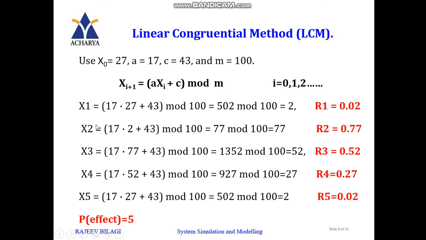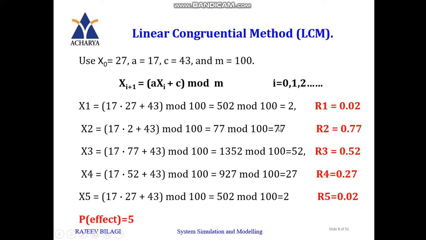Now x2 equals a x1 plus c mod m, substituting i equals 1. So 17 into the x1 value of 2, plus 43, mod 100, is 77 mod 100.